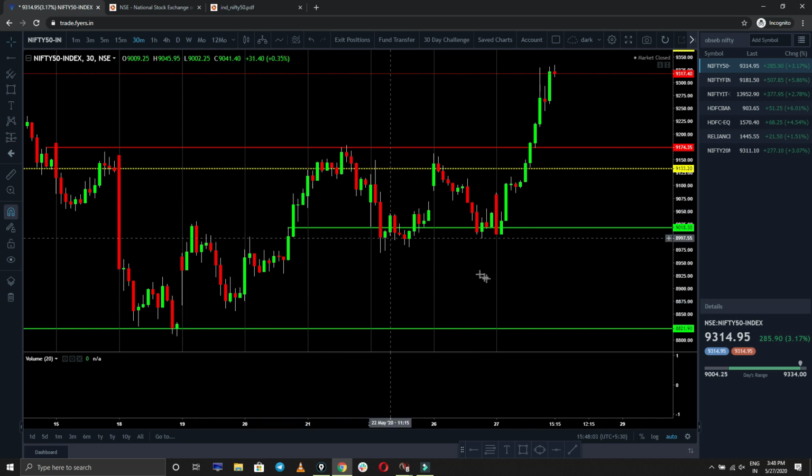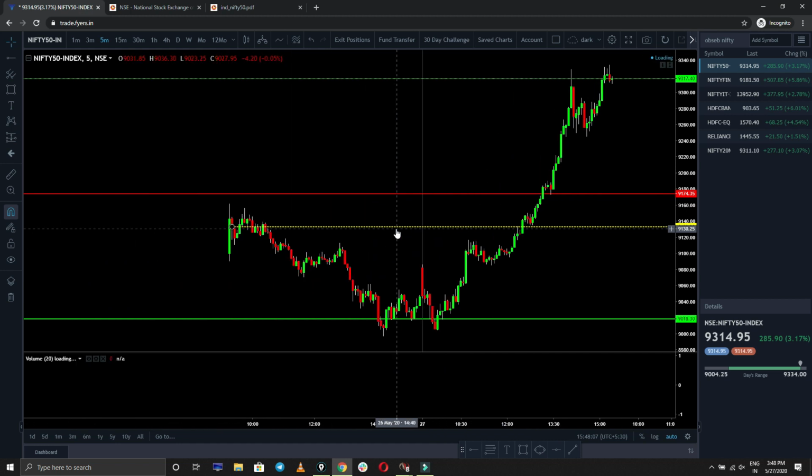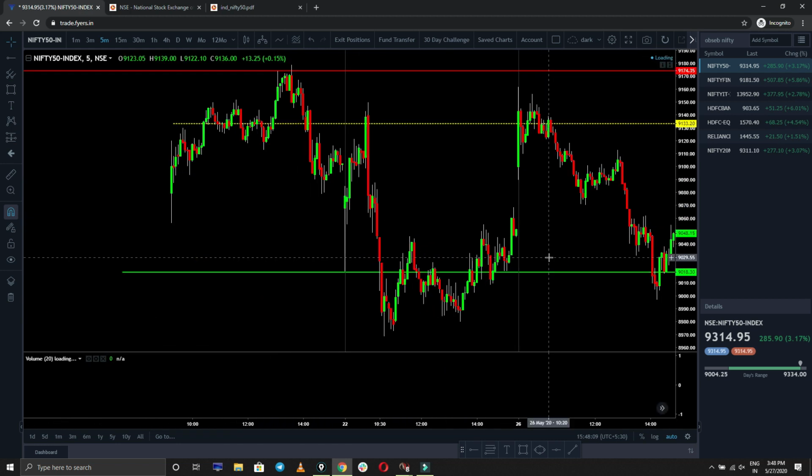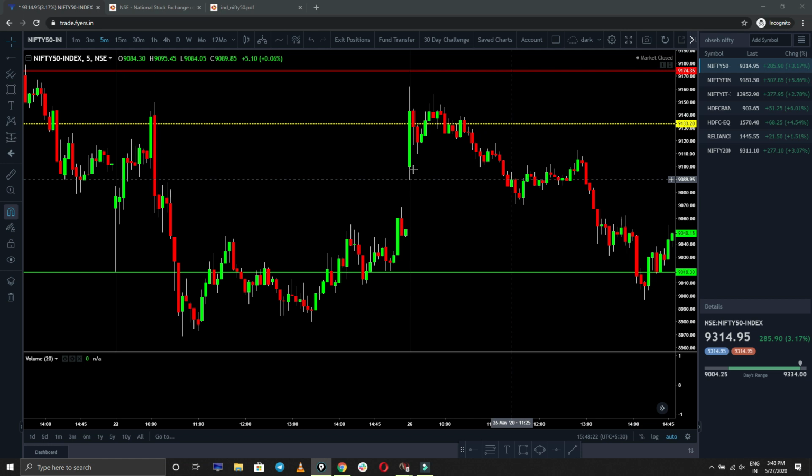Now coming to the topic, let's see what happened yesterday near the single print zone. We got a negative open near the single print zone, and we didn't see any continuation of the first candle. Price closed positively above that, but it was a negative open, so we can look only for sell.